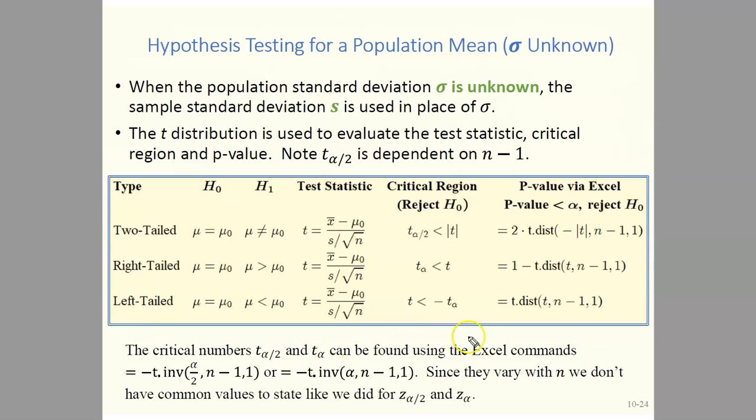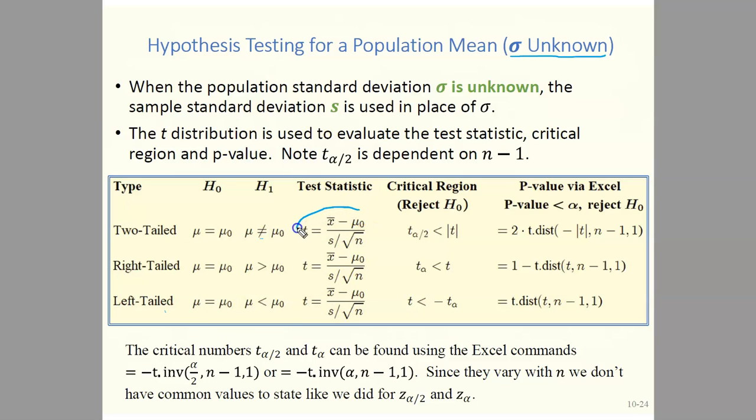Right down here we have a table summarizing hypothesis testing when sigma is unknown. You still have two-tailed, right-tailed, and left-tailed tests set up exactly as before. Your test statistic for each one is the same.